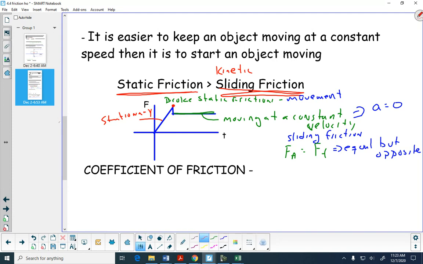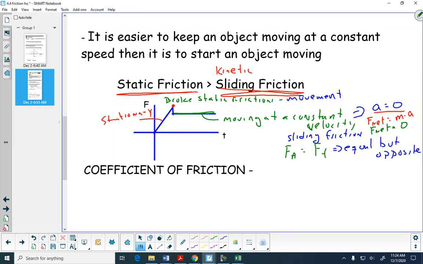So if my acceleration is going to equal 0, my force net is equal to mass times acceleration from Newton's second law. Well, we're saying our acceleration is equal to 0. So if I have a constant velocity, my acceleration is equal to 0. My force net is equal to 0.